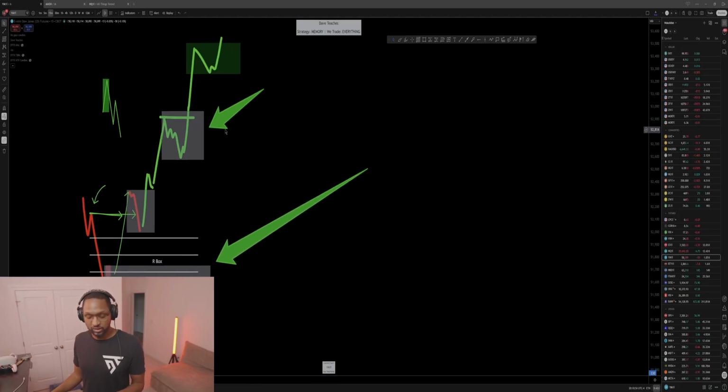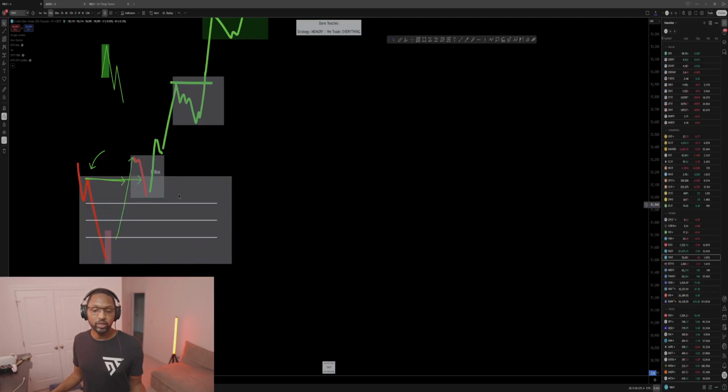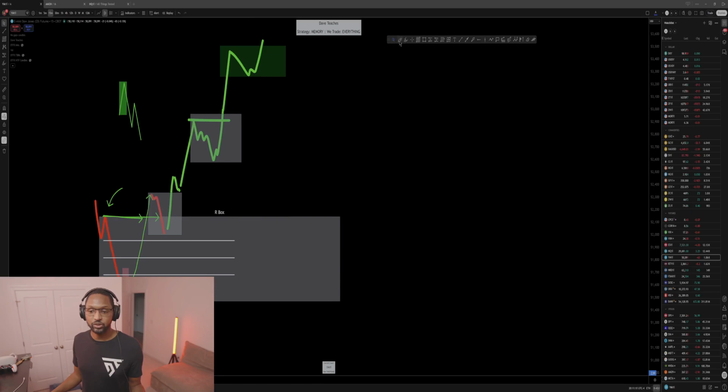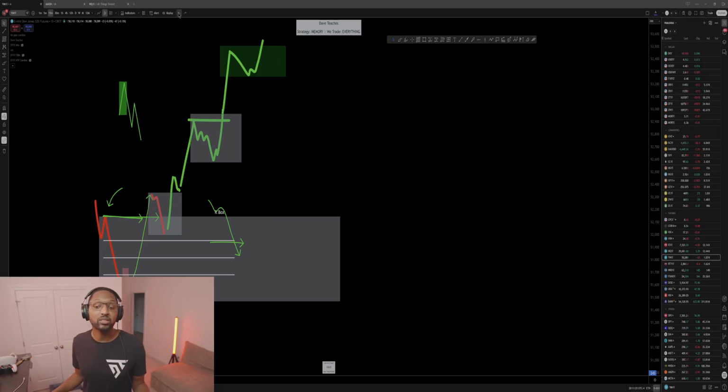So previously, we had marked out the down candle, the down move that's there. Previously, we had marked this out as our market structure break. So we were looking for price to come back into the range, tap into one of these levels, and then continue higher. But what we also know is that there are plenty of times that the market does not come back and tap into that range.